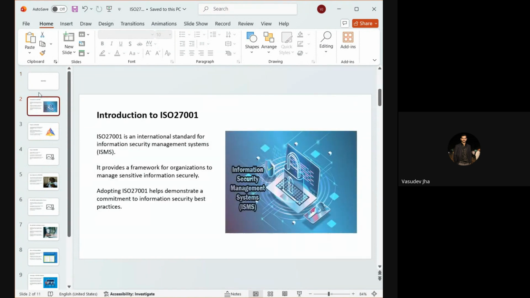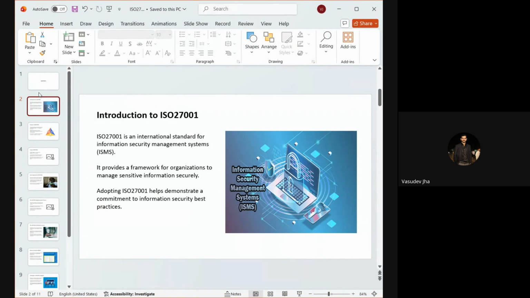ISO stands for International Standard Organization. So ISO 27001 is an international standard for information security management system, in short, ISMS. So it's a benchmark, an international standard for information security and management.